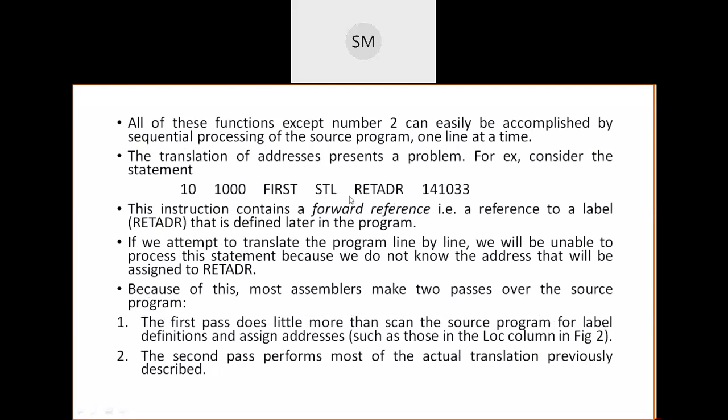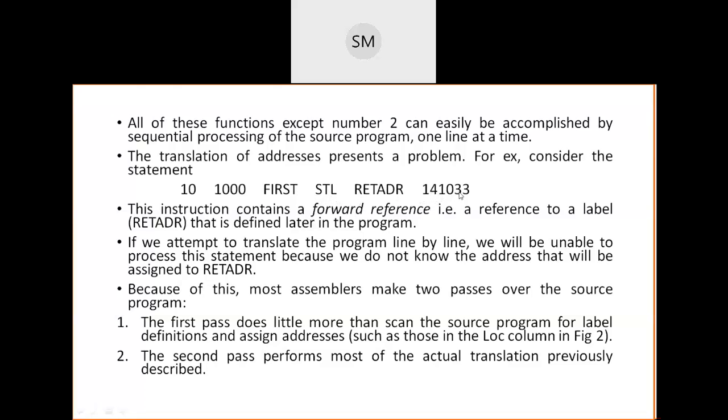Whenever you solved this instruction STL RETADR and you generated object code for it, I already told you how you generated it. This 14 is nothing but the opcode of the STL instruction.